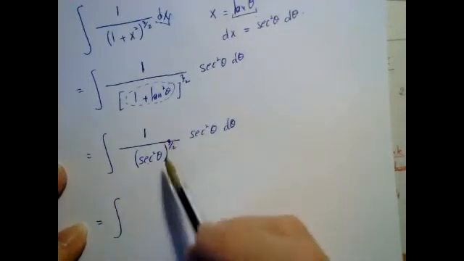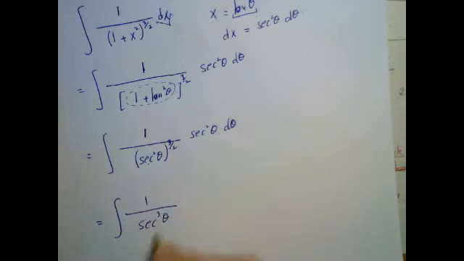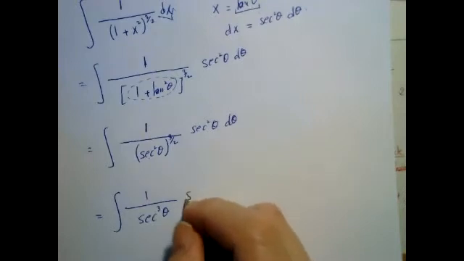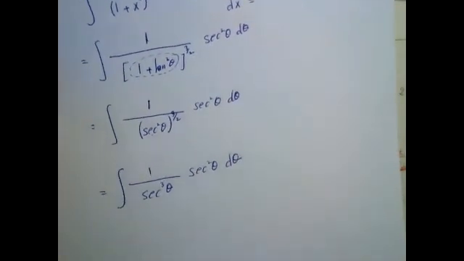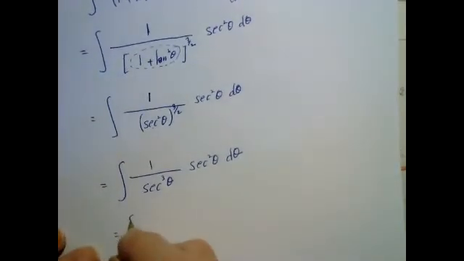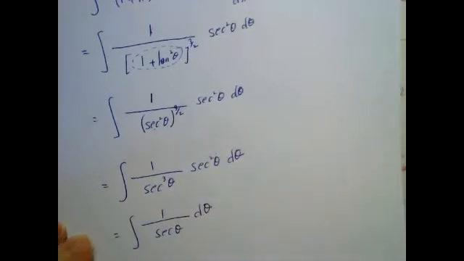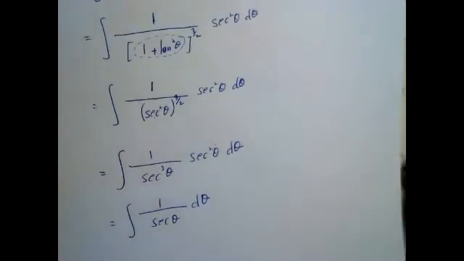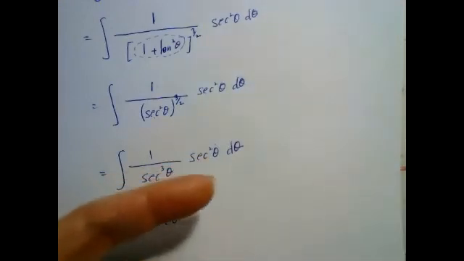Now, secant squared theta to the power 3/2 would give me secant cubed. So that would leave me with secant cubed in the denominator times the secant squared. And finally, I end up with secant squared over secant cubed, which is 1 over secant theta d theta. Okay. So we transform one integral into another. And usually the goal is to transform it into an easier one, something that we can work with.